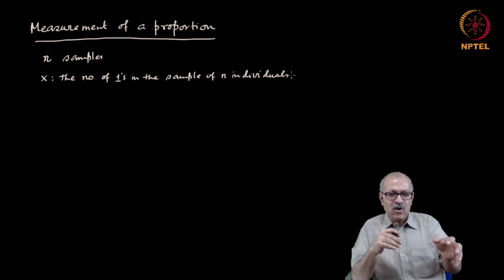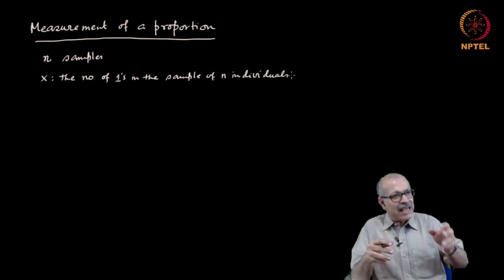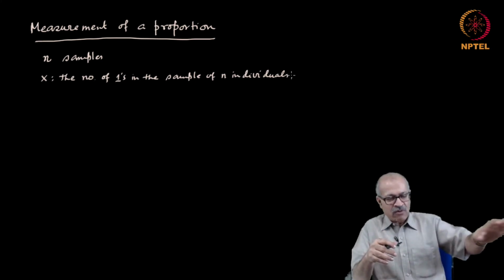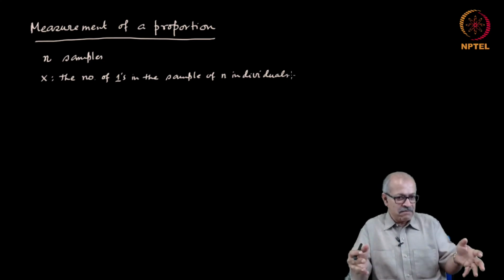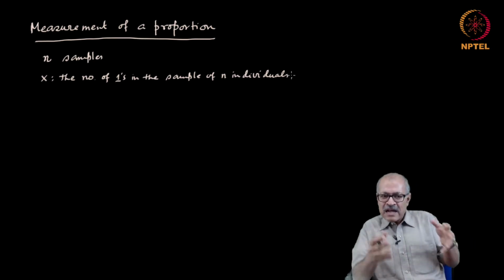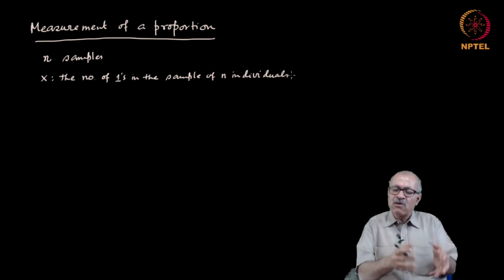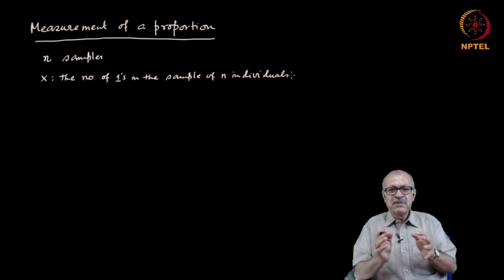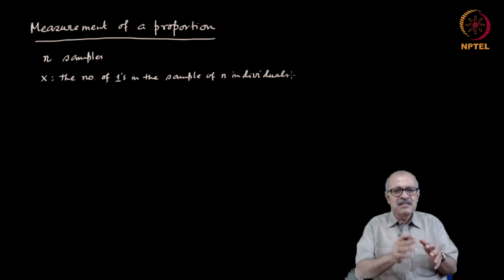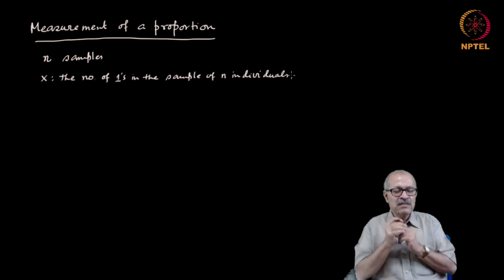If I draw that n number of samples again and again from that population, I will not get the same value of x every time. I will get different values, and those values of x will also have a distribution, and we have just concluded that if the number of samples becomes large, that distribution will become more or less a normal distribution.